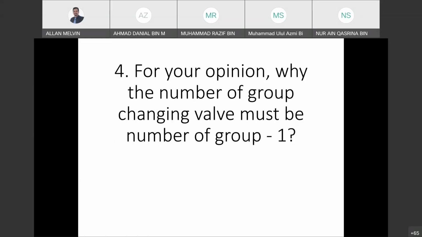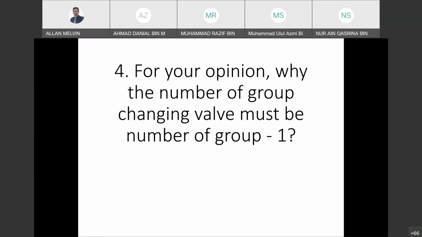Okay, for your opinion, why must the number of group changing valves be the number of groups minus 1? Okay, who can answer? Why must the group changing valves be the number of groups minus 1?